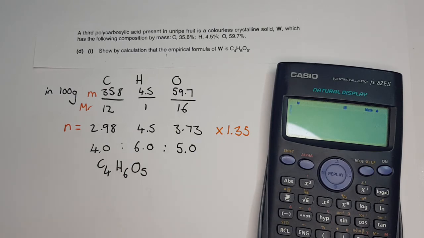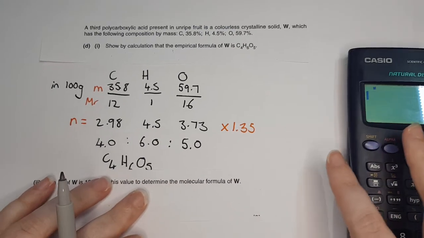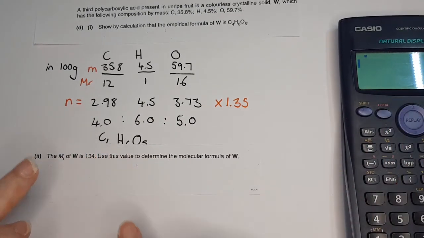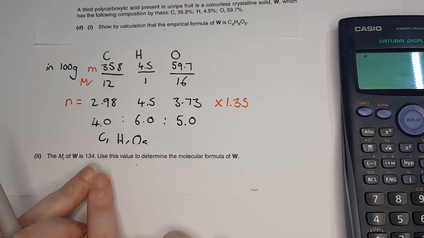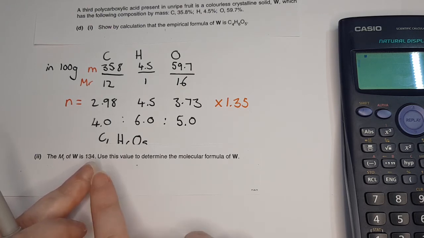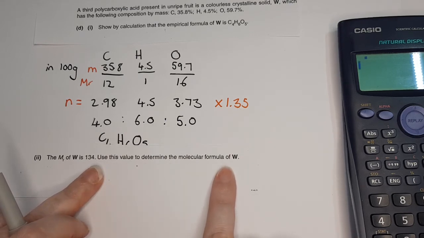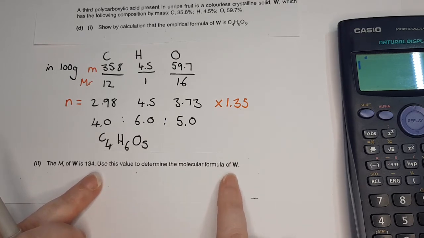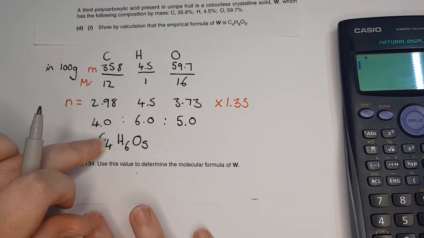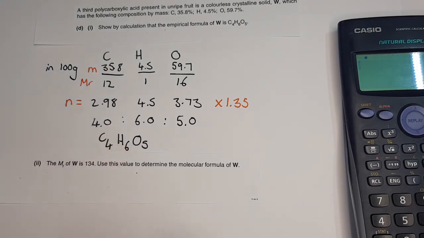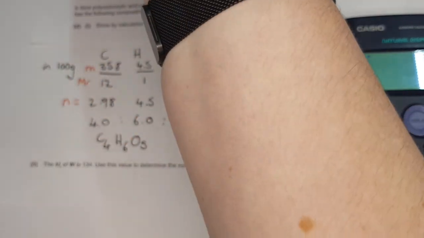And if I look at the second part of that question, I am given the MR is actually 134, and I need to use that value to determine the molecular formula of W. So the first thing I need to do is take my empirical formula and find the molecular mass. So my empirical formula is C4H6O5. So I find my periodic table.